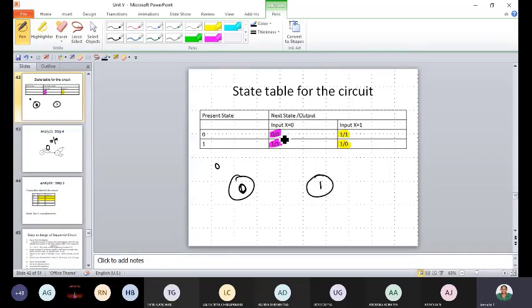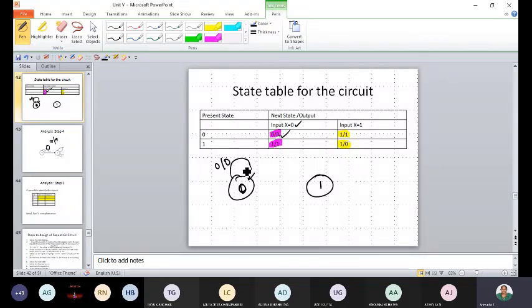What is the output here? Output here it is 0. When your present input is 0 and your output is 0, what is the next state? It is again going here only. So do this like this. It is again going to 0 only because this 0 represents your next state.